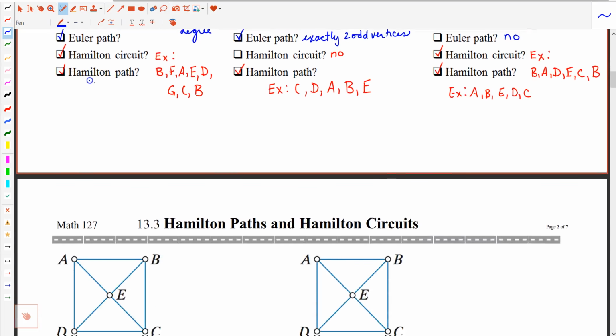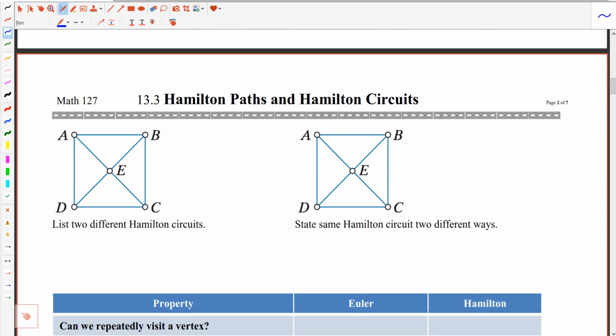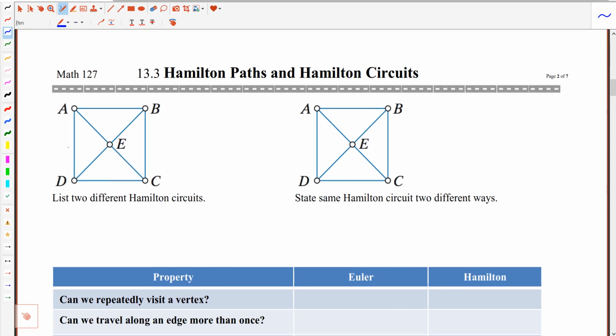Now, something else that's a little bit different about these Hamilton ideas. These graphs are a repeat of the last one we were looking at. Let's list two different Hamilton circuits. You might be able to come up with several, but I want to highlight two particular ones.